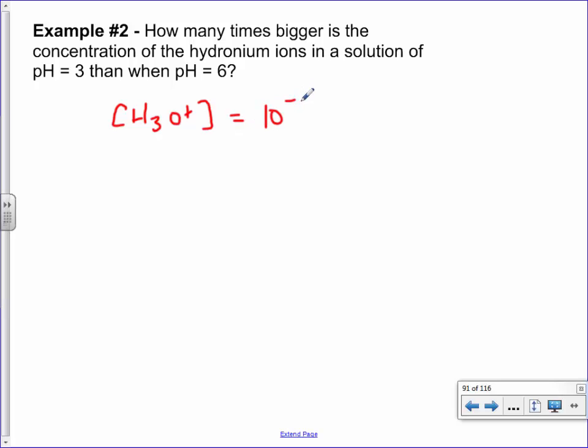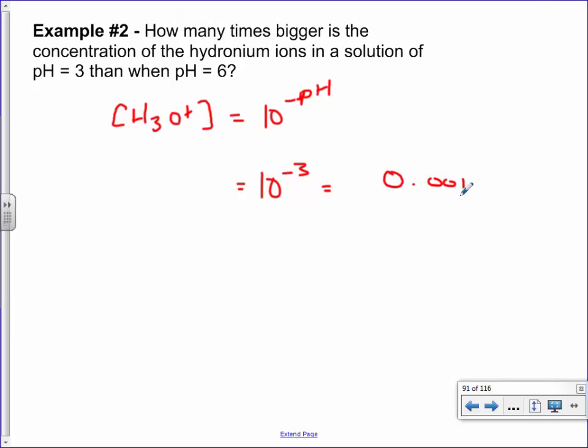Good, 10 to the power of negative pH. That's a formula we can use. So let's go 10 to the minus 3. I think what's going to happen is that's going to be like 0.001, because that'll be moving it over.